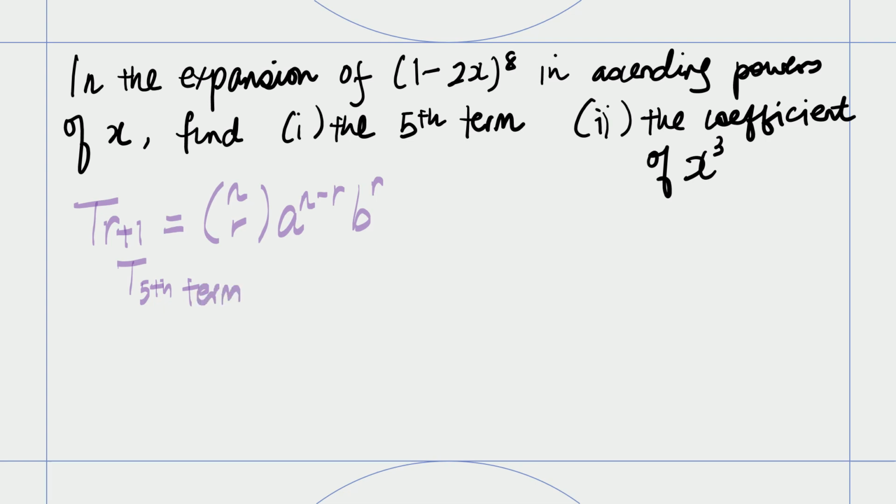If you do a comparison, your fifth term compared with r plus 1 means you let r plus 1 equal 5, so you are actually substituting r to be 4. But remember, the previous slide explained the first term is when r equals 0, the second term is when r equals 1, the third term is when r equals 2. So finding the fifth term is when r equals 4.